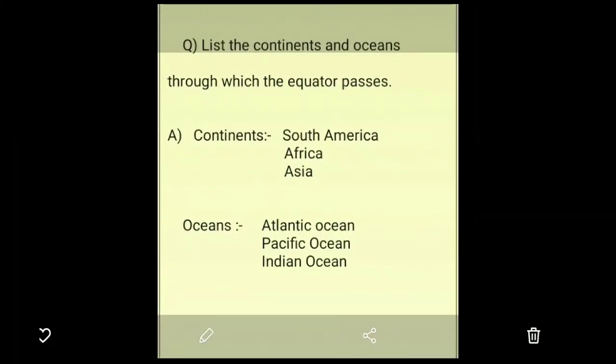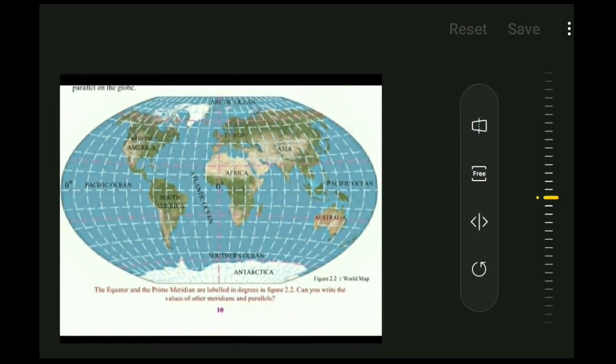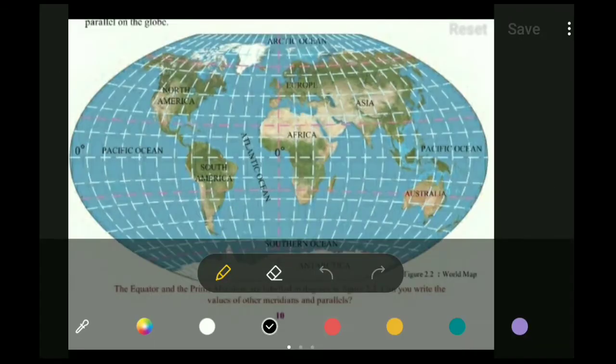List the continents and the ocean through which the equator passes. You have to name the continents and the ocean through which the equator passes. The answer is here. South America, Africa, and Asia are the continents through which the equator passes. Let us see it on the globe. Here you can see, students, is your equator.